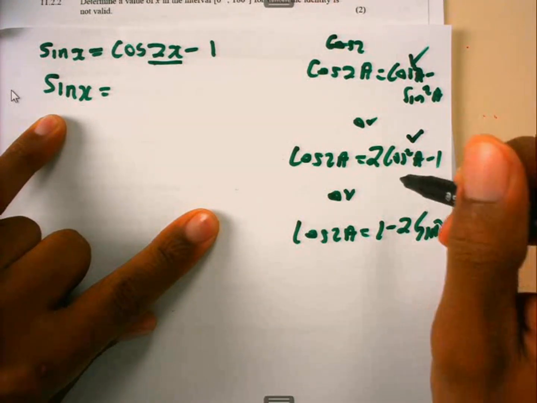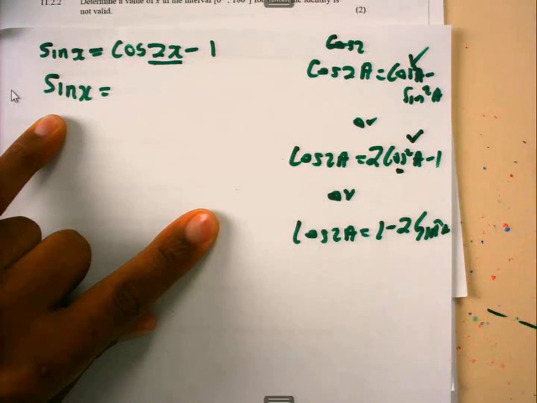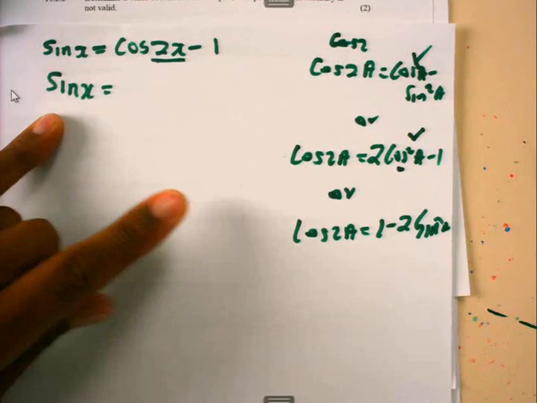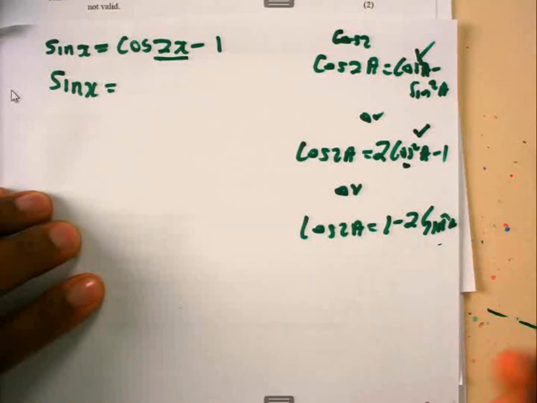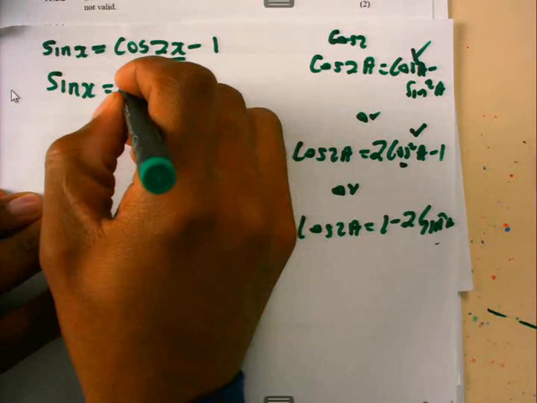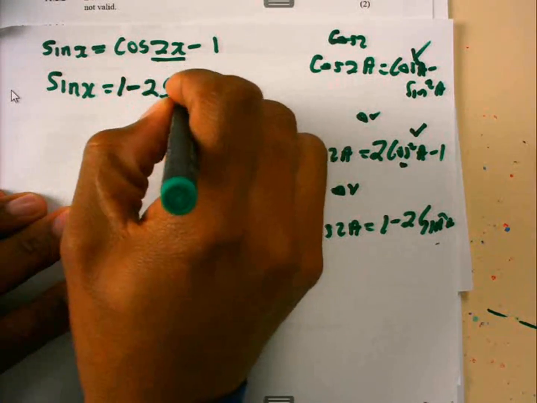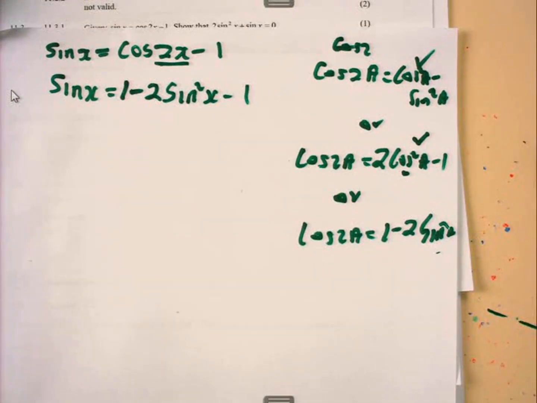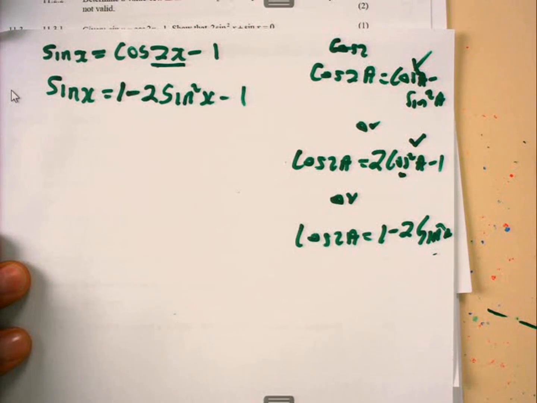Of course, if you use this one, you still have to go another way to change the cos. But of course, I can use the third one. Why? Because it's only sine there. Then it means this one I can say is the same as 1 minus 2 sine squared x minus 1. Then in this case I'm happy because I can see everything is in terms of what?